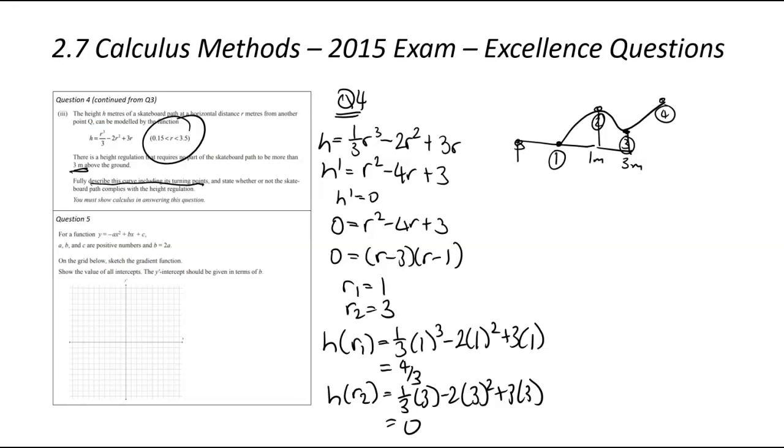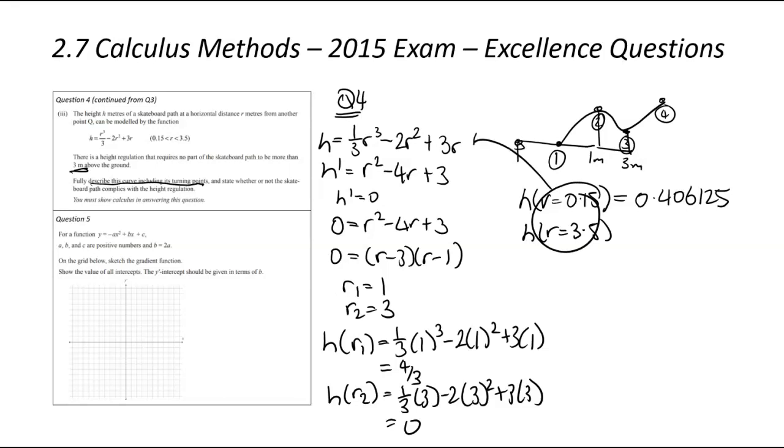We've been told from the domain it's going to start when r is equal to 0.125. So h when r is equal to 0.125. Plug that into your calculator and you're going to get a bit of a messy number, 0.406125. And again, h when r is equal to 3.5. So just a reminder, I'm substituting these r's into that original equation.